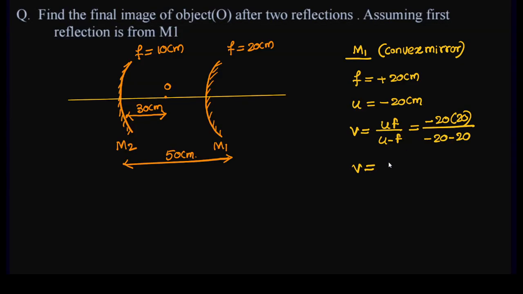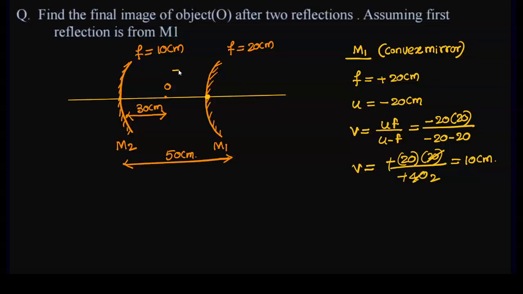So how much is this value? Minus 20 into 20 over minus 40, which comes to plus 10. Plus 10 centimeters from where? From the pole of M1 now.